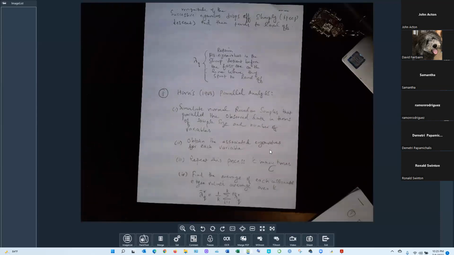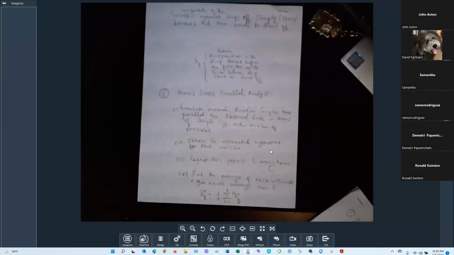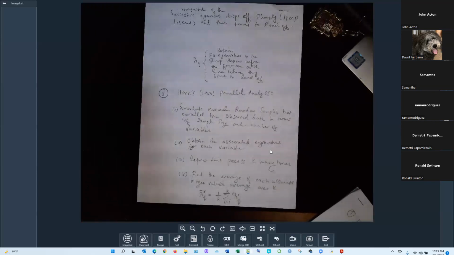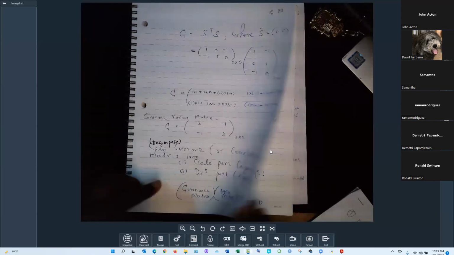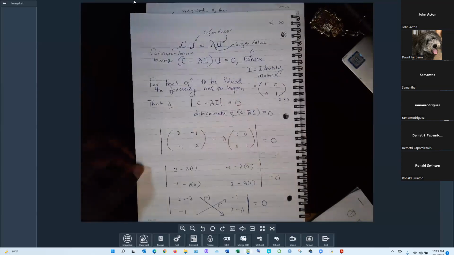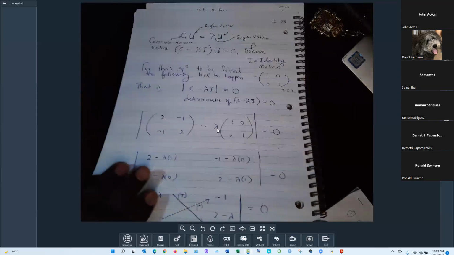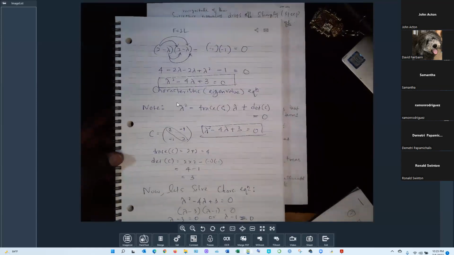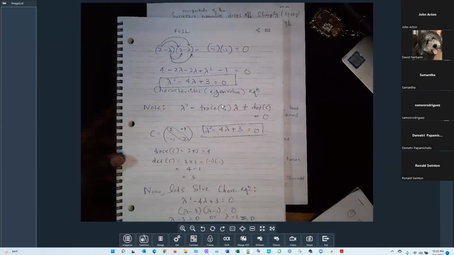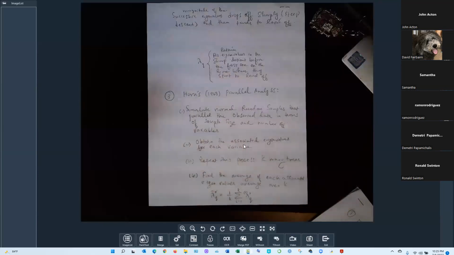You know how to build the characteristic equation in two ways. You can simply say lambda squared, minus the trace of your covariance matrix, plus the determinant, and solve that. That will give you the eigenvalues. The program will take care of everything.